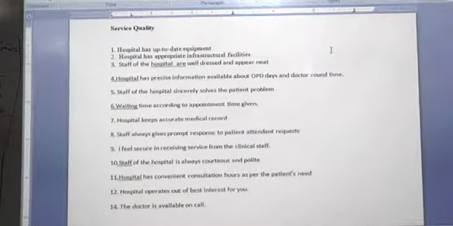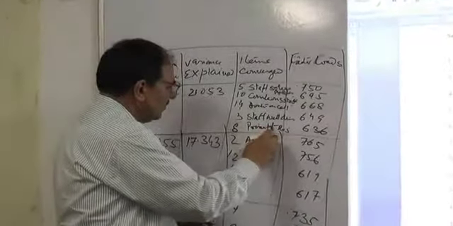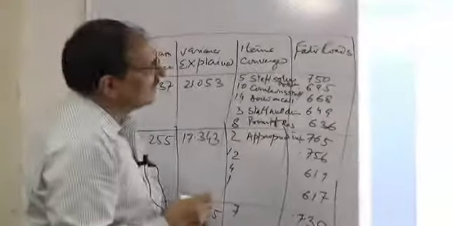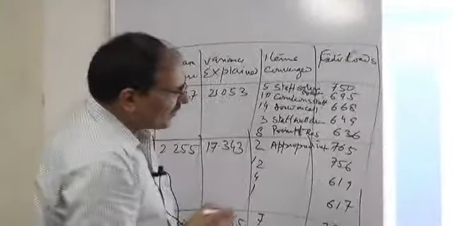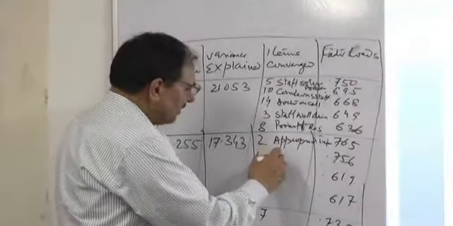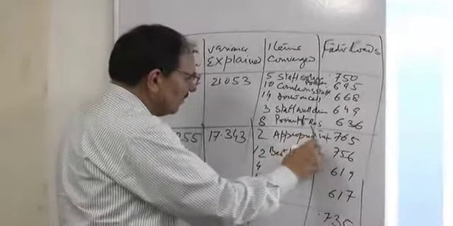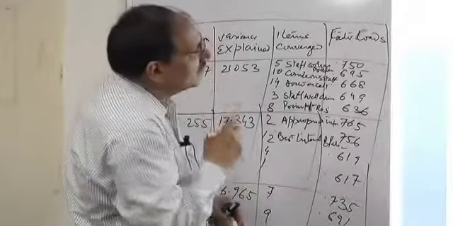Right. 2. What is 2? Hospital has appropriate infrastructure. Appropriate infra. Next, 12. Out of best interest. Best interest of whom? Best interest of patient. 4.